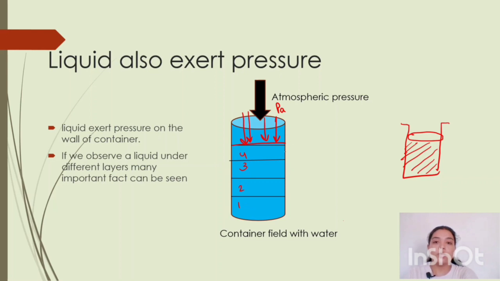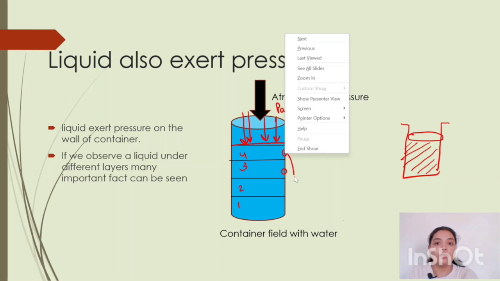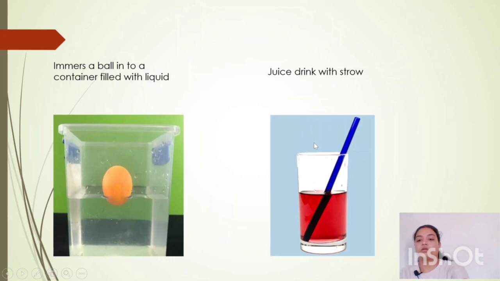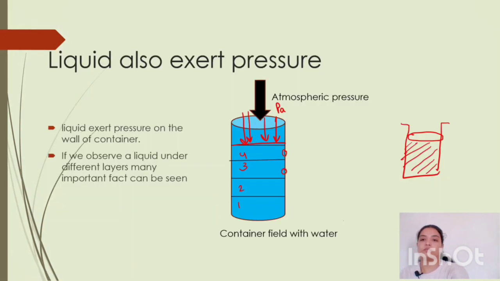Now we are going to make holes. If this hole is there, the water will come out. From this particular hole, the water is going to leak at a certain angle.